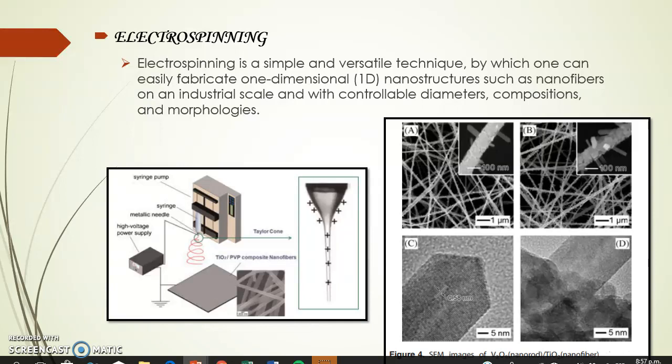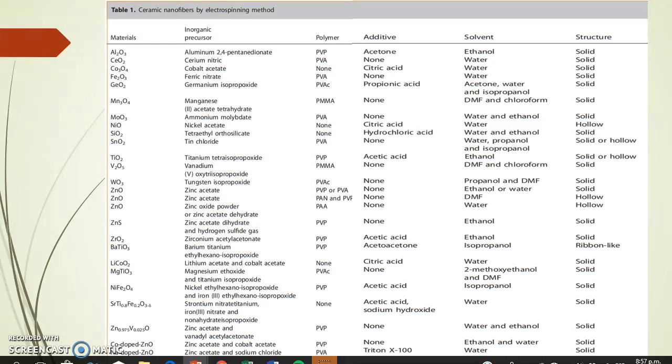Another technique to obtain nanofibers is electrospinning, where one-dimensional nanofibers can be manufactured on an industrial scale with controlled diameters, composition, and morphologies, and has wide application in biomedicine and filtration technology.